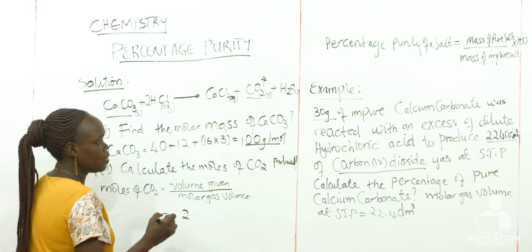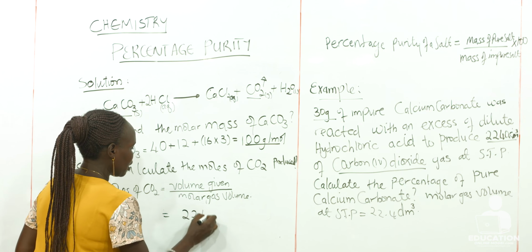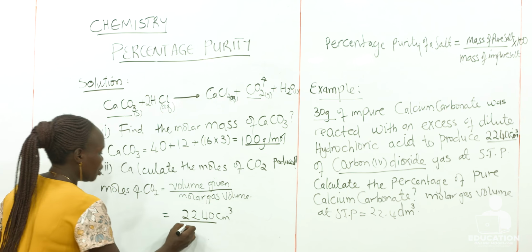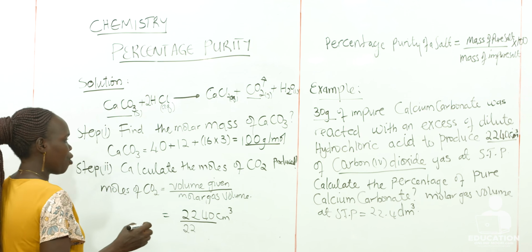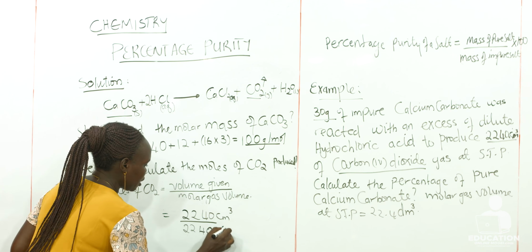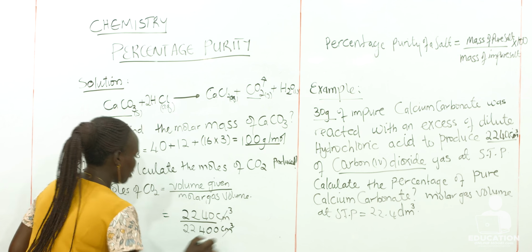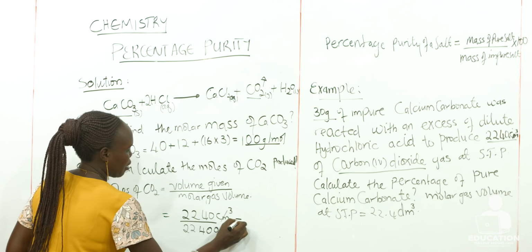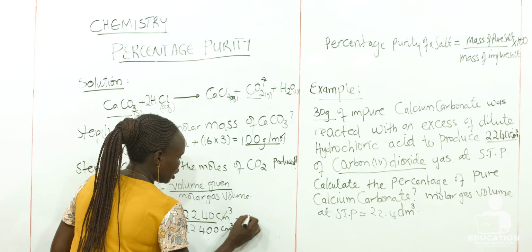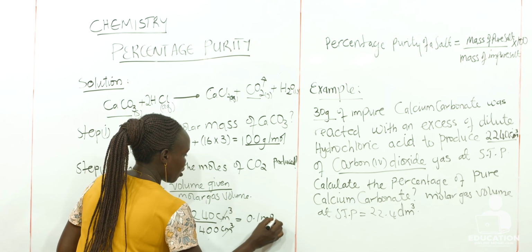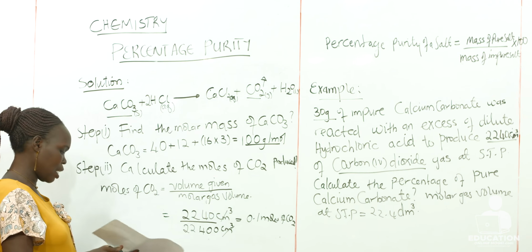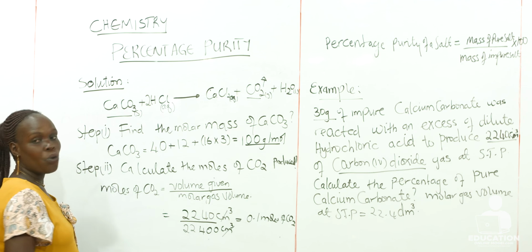The volume given is 2240 cm³, divided by 22,400 cm³. So this 2240 divided by 22,400 will give us 0.1 moles of carbon dioxide. So the moles of carbon dioxide here is 0.1 mole.